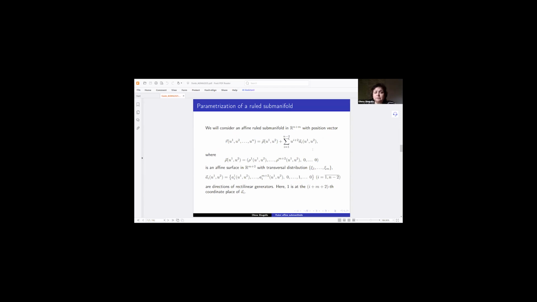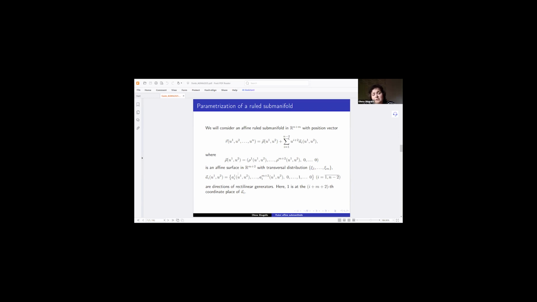Now we will consider affine ruled submanifolds in affine space of dimension n plus m with position vector given in such a way, where rho is an affine surface in (m+2)-dimensional affine space with transversal distribution psi_1, ..., psi_m. The directions of the rectilinear rulings are given by such a vector, where 1 is at the (i+m+2)-th coordinate place of the vector A_i.